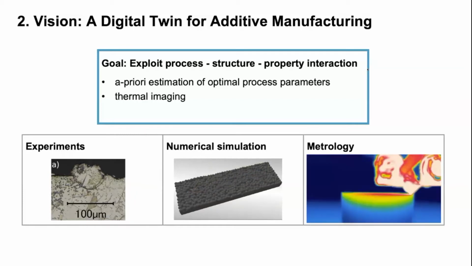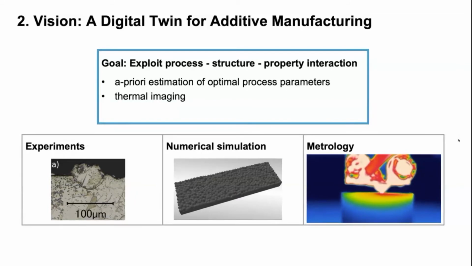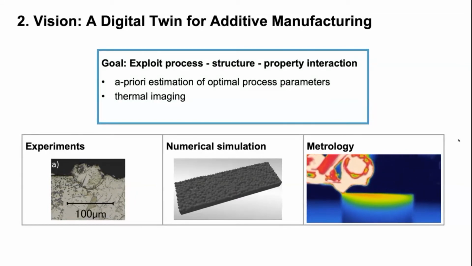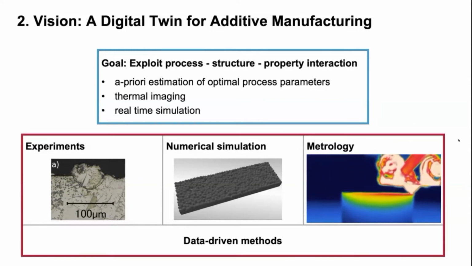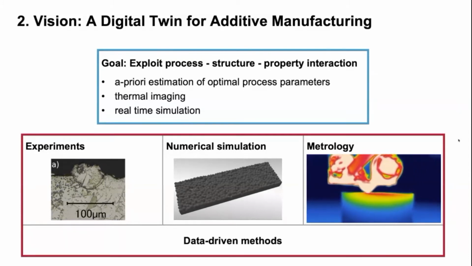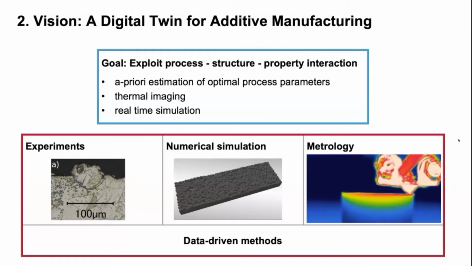But we have neglected one source of information, that is thermal imaging. Here's a video taken from fused deposition modeling, not from the metal process, but still, the message is we are neglecting real-time information, and the question is how we can incorporate this knowledge from the process into numerical simulation, combine this knowledge with data-driven methods.